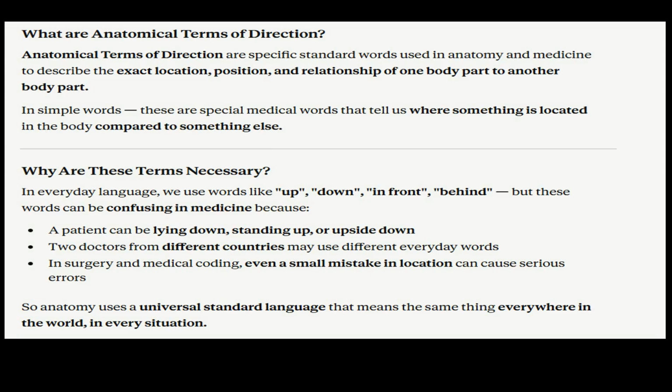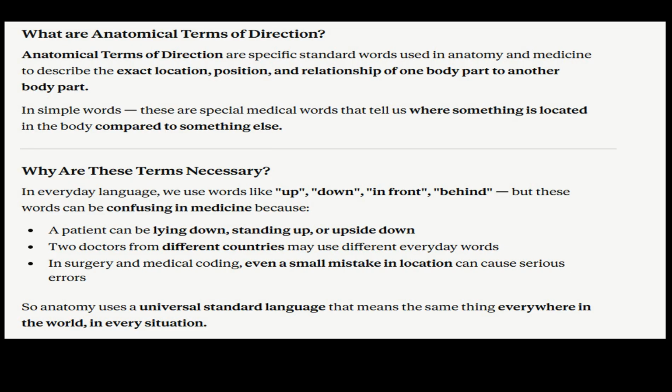Firstly, we will start with the definition itself: what exactly are anatomical terms of direction? If someone asks you in an interview, you can simply say that anatomical terms of direction are specific standard words used in anatomy and medicine to describe the exact location, position and relationship of one body part to another.